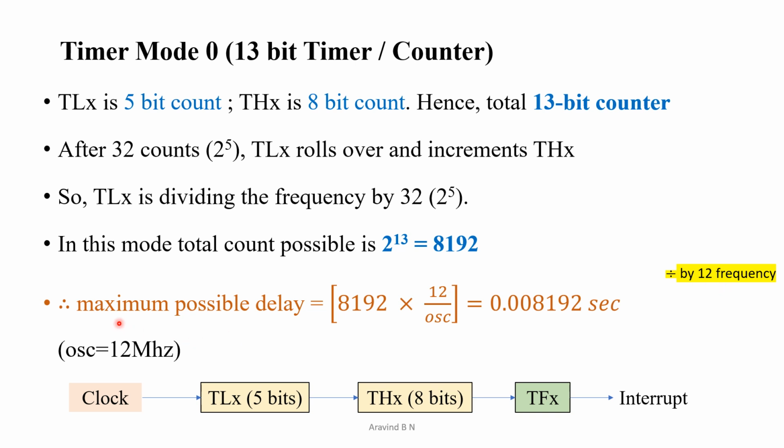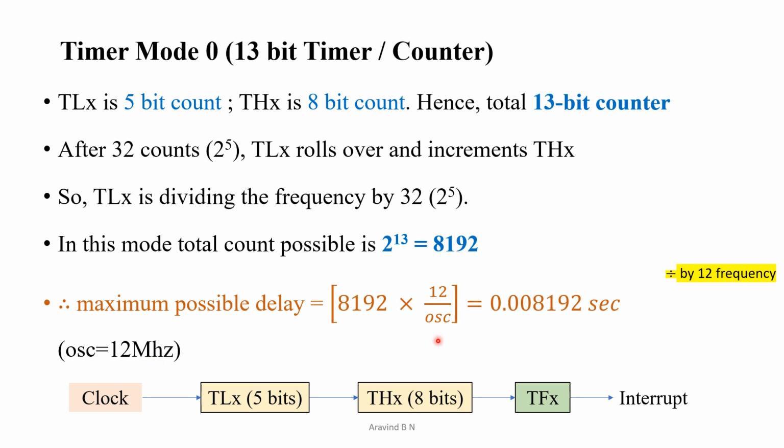Now the maximum possible delay will be equal to the total count value multiplied by 12 divided by the oscillator frequency. Here we are going to assume that the oscillator frequency is 12 megahertz.